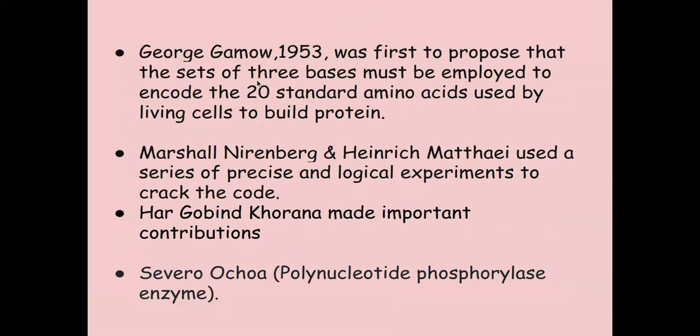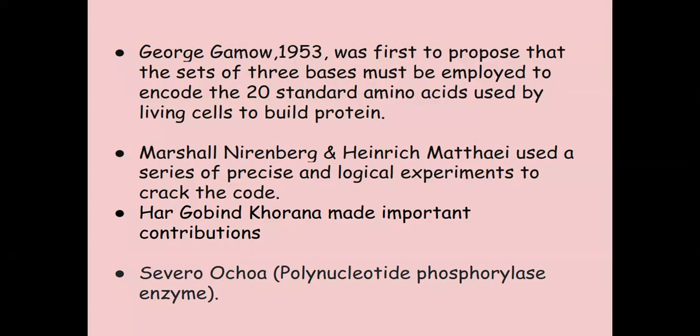So in your book, they've mentioned the prominent names of some men whose work was paramount in finding out and cracking the genetic code. The first name that is given in your book is George Gamow. Somewhere in the year 1953, just to summarize his work, he proposed, he didn't do actual experiments, but he proposed that there is a set of three bases that could form a code that would encode for the 20 standard amino acids that occur in nature.